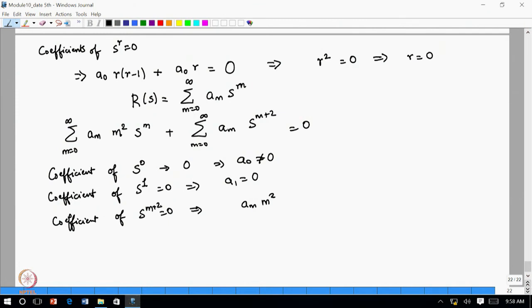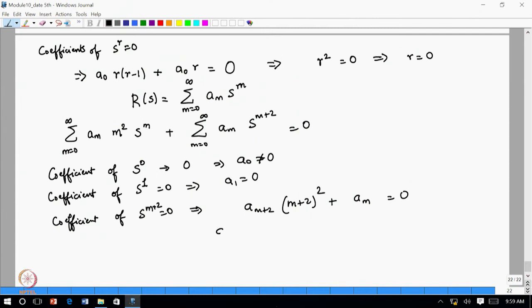If I put that equal to 0, then what I should get is a of m plus 2 times m plus 2 square, plus a of m, equal to 0, because then each of these will be the coefficient of s raised to m plus 2.